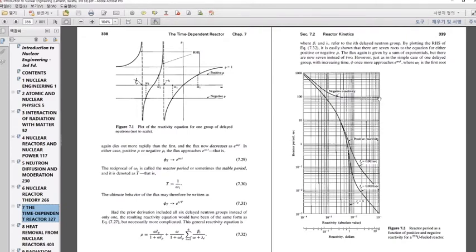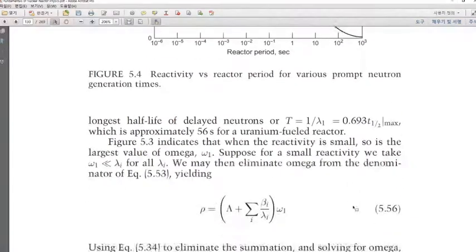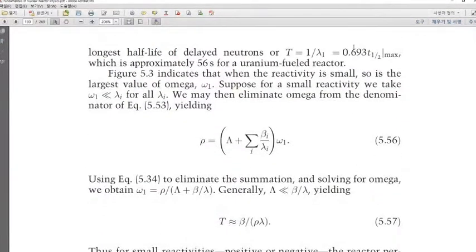That is the one that we just calculated. This is what we can also see in Lamarsh's Introduction to Nuclear Engineering. So let's go back to our textbook. This asymptotic T value is in fact almost 80 seconds.